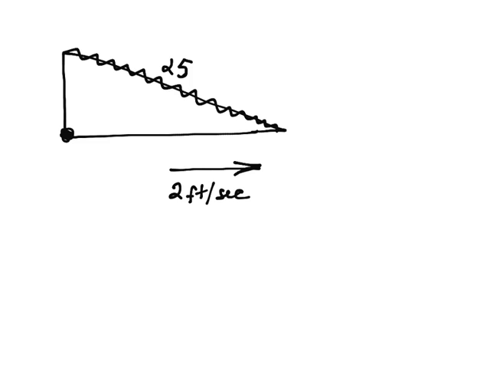We need to figure out at what rate the top of the ladder was going down. So we actually need to find this rate. Let's label this side first. Let's call it y.